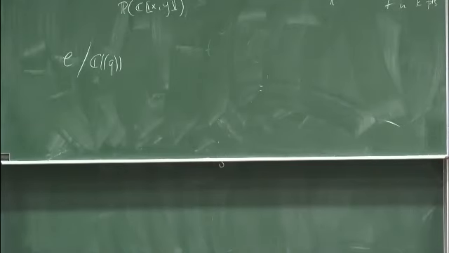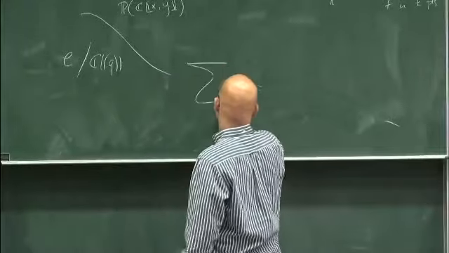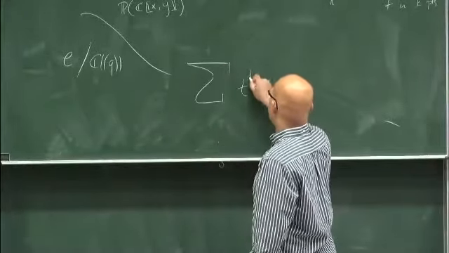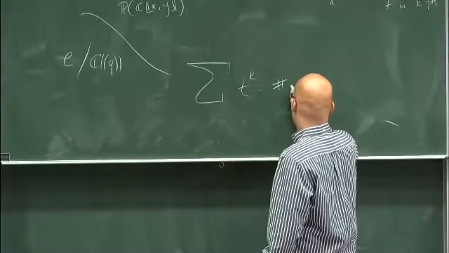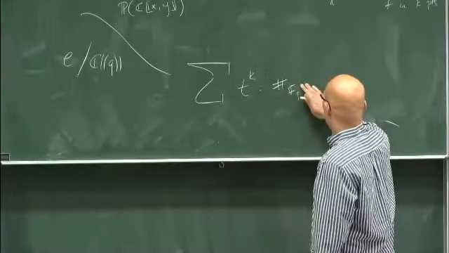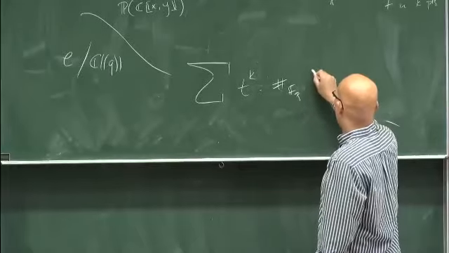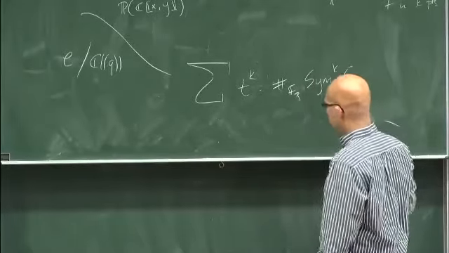And if instead of having that, I had a curve over a finite field, and if instead of having monodromy, I would have had Frobenius, then the analogous thing would have been equal to the sum of t to the k times the number of points over F_p of the kth symmetric power of that curve.